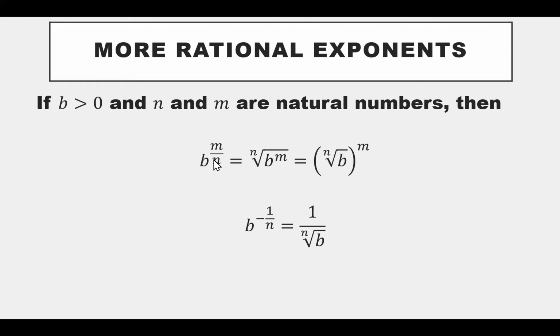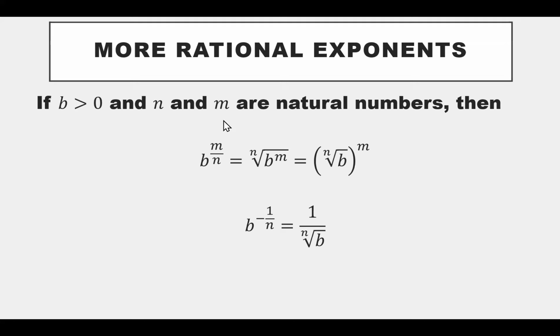Well, if I have a positive base, then b to this fractional power, this fraction could be proper or improper, doesn't matter, is the nth root of b to the m, or the nth root of b raised to the mth power. And b to the negative 1 over n is going to have to be 1 over the nth root of b.